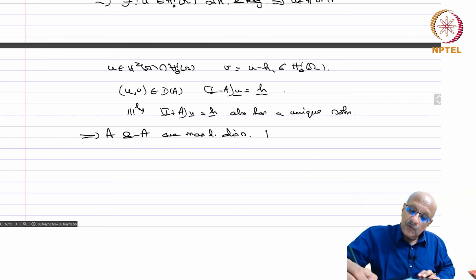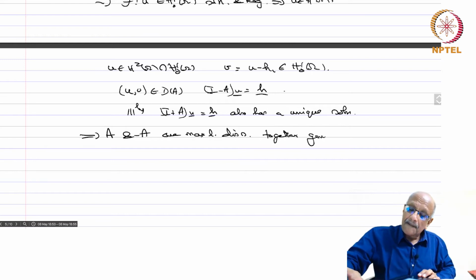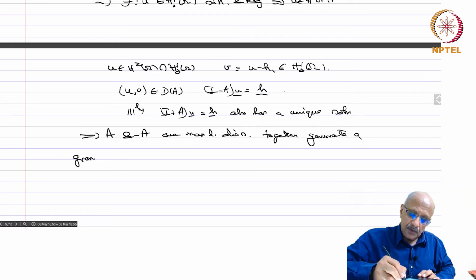And together they generate a group of isometries.